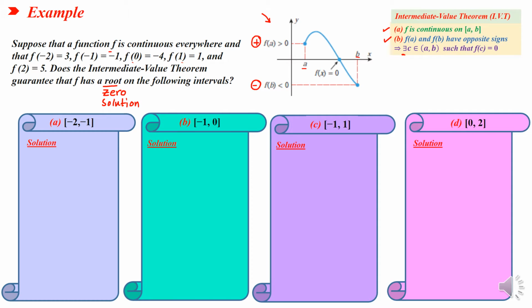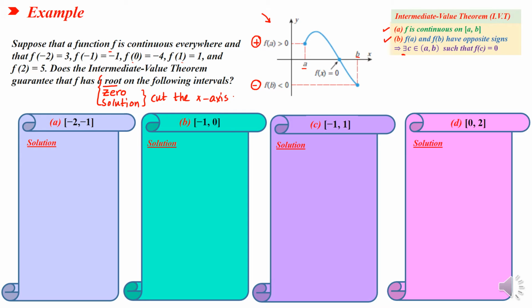All these words are equivalent to each other, and we can say that the function cuts the x-axis at a point C. Cutting the x-axis means the same as these three words.